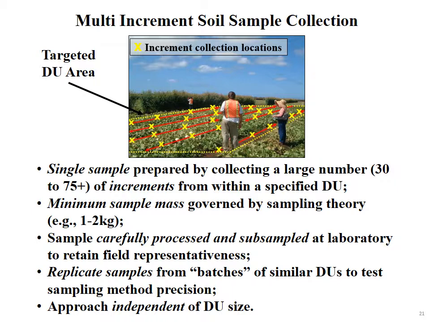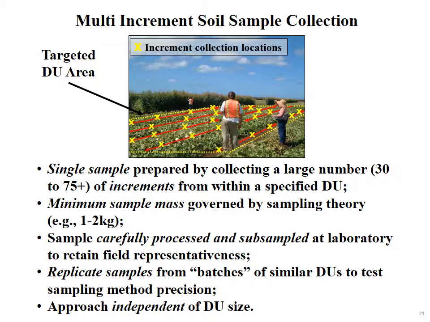So these are large samples that you're going to be collecting and sending into the lab, as opposed to, say, just 20 or 30 grams or a small 6-ounce jar for the old discrete sampling method. The larger samples, many increments, larger samples, helps us get a much more representative sample.